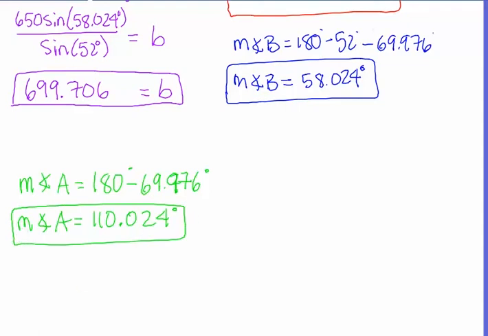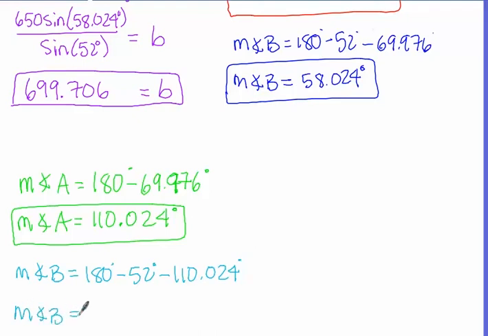If this is the case, then the measure of angle B would be 180 minus 52 minus our new angle A, which gives us an angle B of 17.976 degrees.